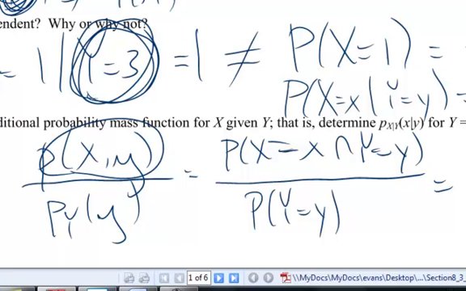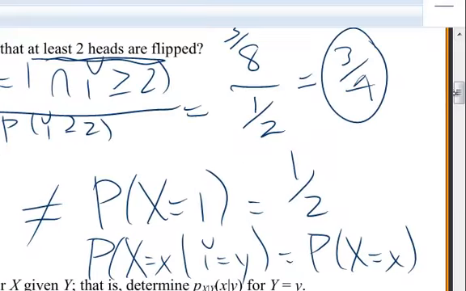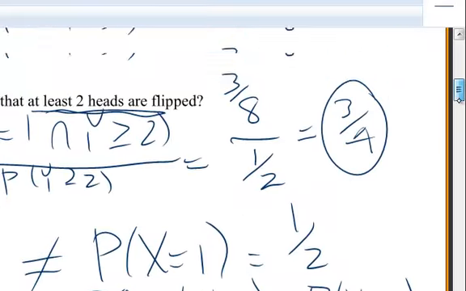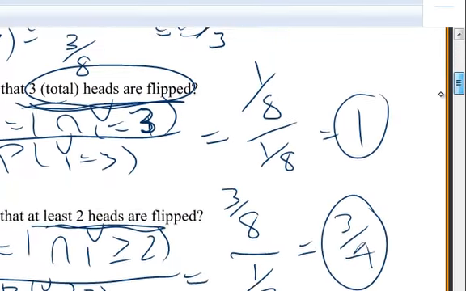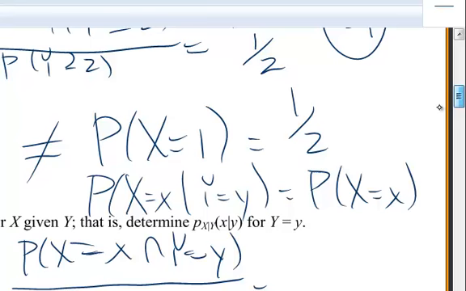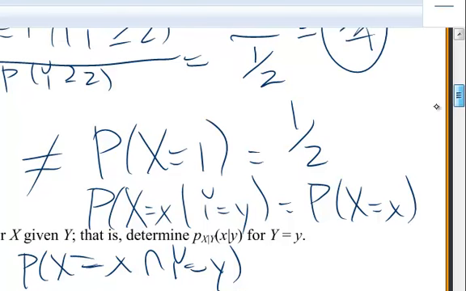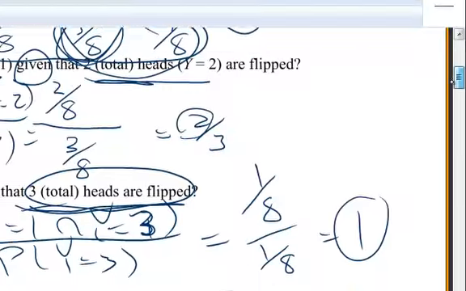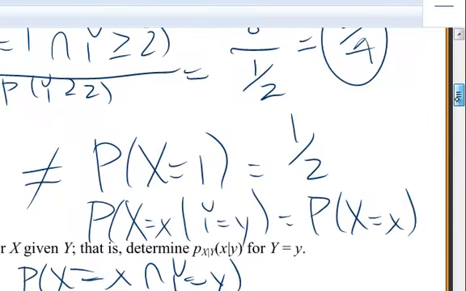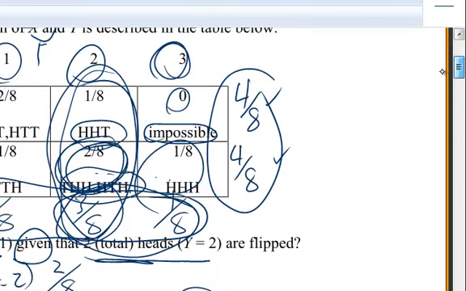Do we have a nice function for that? Let's see. Up here, did we have a joint distribution? No, determine the conditional mass function of x given y. Well, that's what it should be, but I didn't actually have a function for x is x and y is y, do I?